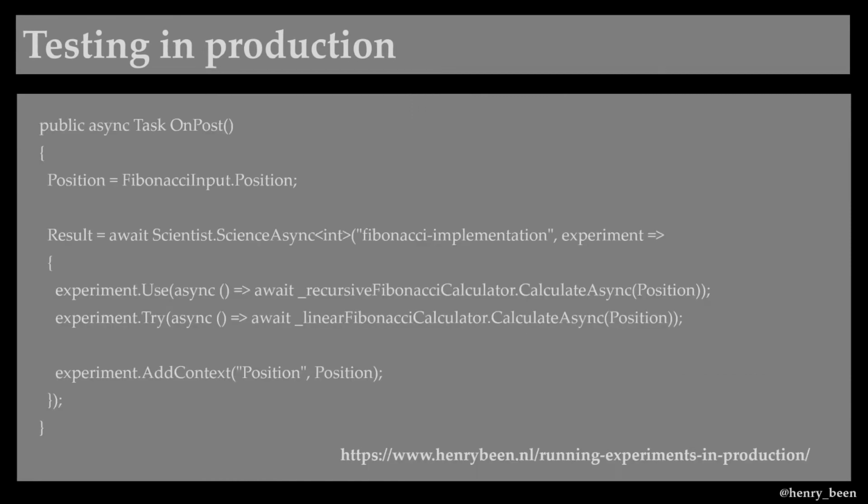And I've written an example of this using a package called Scientist. It's a ready-to-go NuGet.org package. And I have used this to write 2 implementations of the Fibonacci series calculator. As you know, Fibonacci is defined as adding numbers. And if you do it in a naive way, it will become unperformant very quickly.